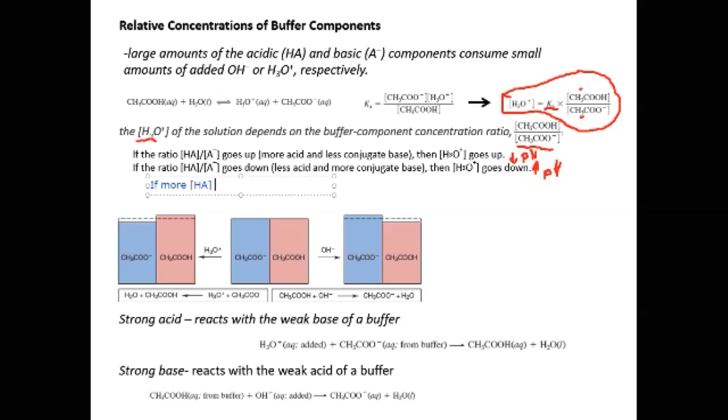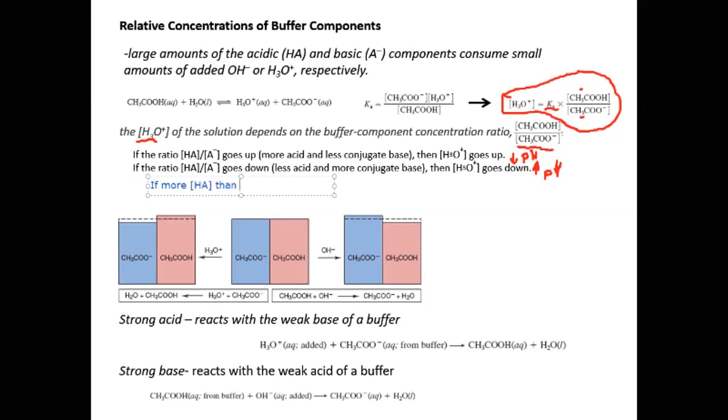So we have more concentration of weak acid than weak base, then pH will decrease. Typically, it'll be less than the pKa.